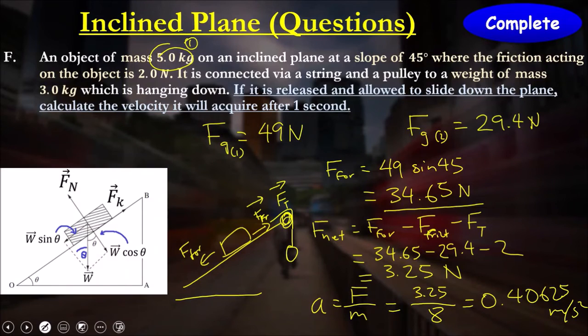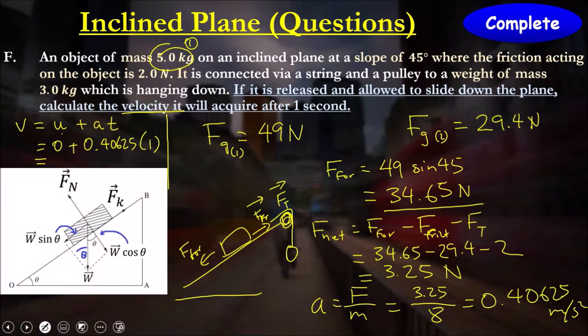The last bit goes back to a kinematics equation, v equals u plus at, because we're trying to find the final velocity after 1 second. u is 0, a we already found, t is 1.